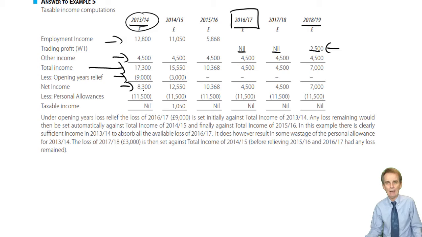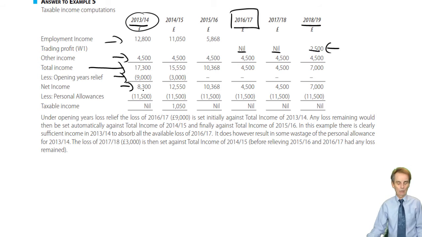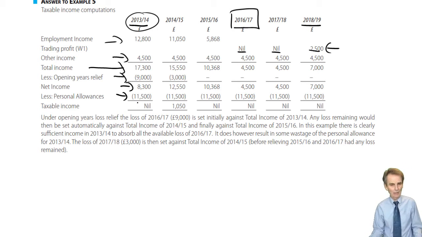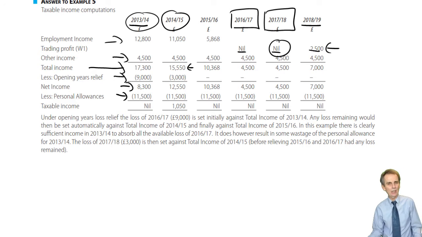Using our personal allowance for our 17-18 tax year across the board, that means that we've got more than sufficient personal allowance. Sadly, a bit of it is wasted there, but we reduce the taxable income down to 0. Moving on then to 14-15. Again, we have our total income, 15,500. This time from the 17-18 tax year, what lay behind the nil assessment?